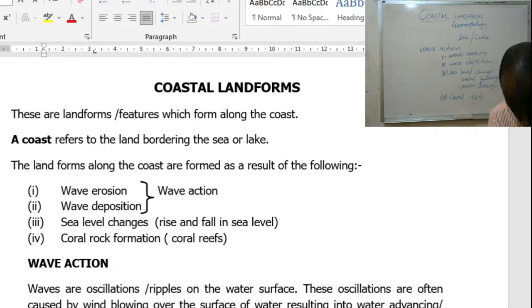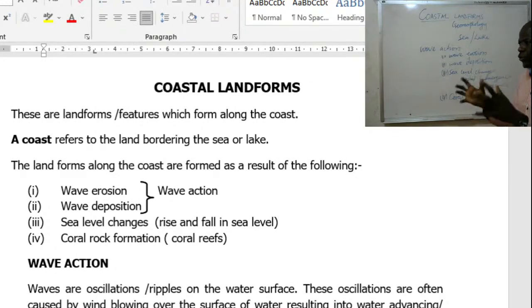Remember when you were studying the topic of rock formation, we gave coral reefs or coral rocks as an example of sedimentary rocks that form as a result of deposition and accumulation of remains of dead organic materials that are derived from some tiny water organisms or marine organisms called polyps. So those ones form rocks that are rich in calcium carbonate, limestone rocks.